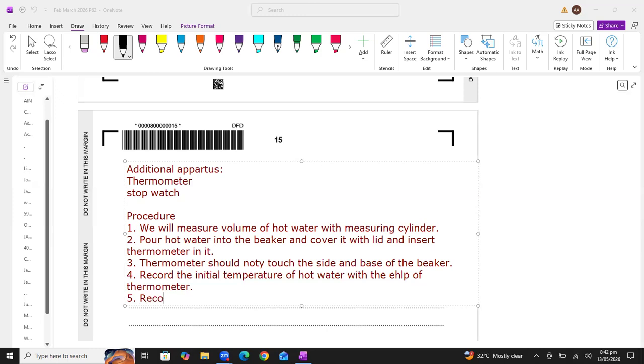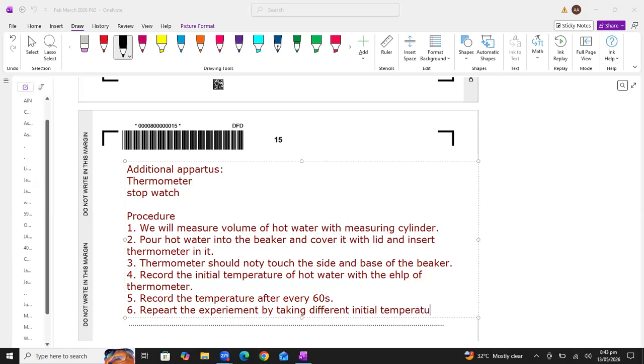And then what should be the fifth point, student? Fifth point is record the temperature after every 60 seconds. Then we have to repeat the experiment by taking different initial temperature.